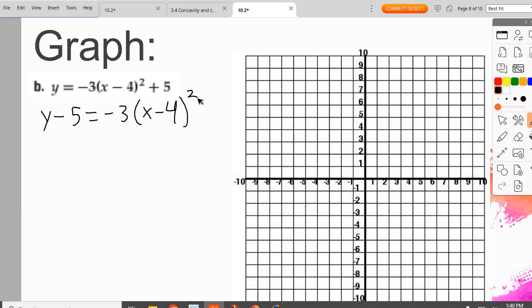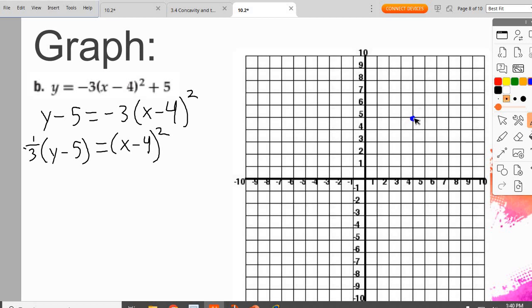What do I need to do to get rid of the negative 3? Which is the same thing as multiplying by negative 1/3. So now we're in standard form. And so, yes, our vertex is at 4, 5.